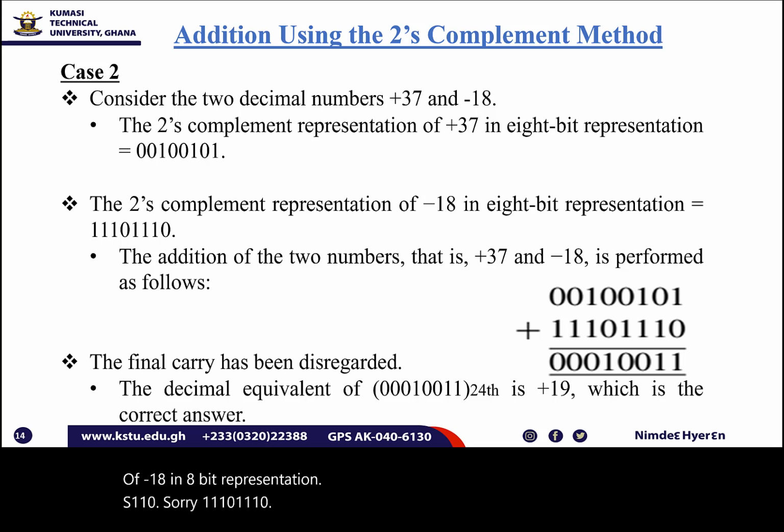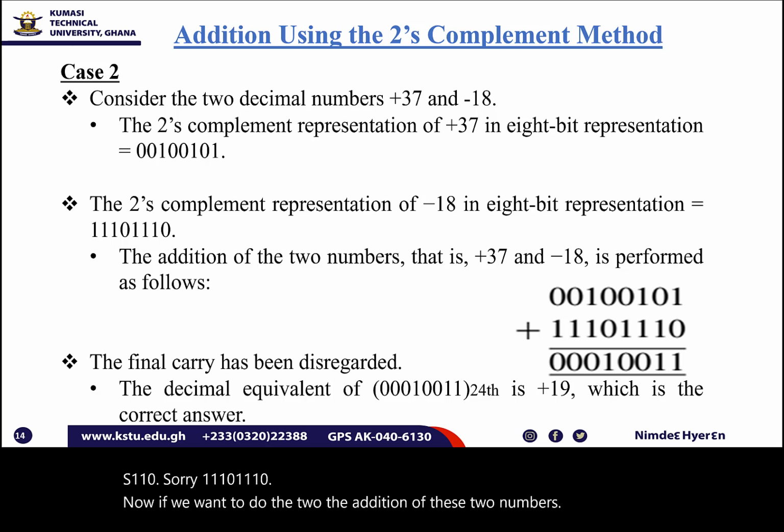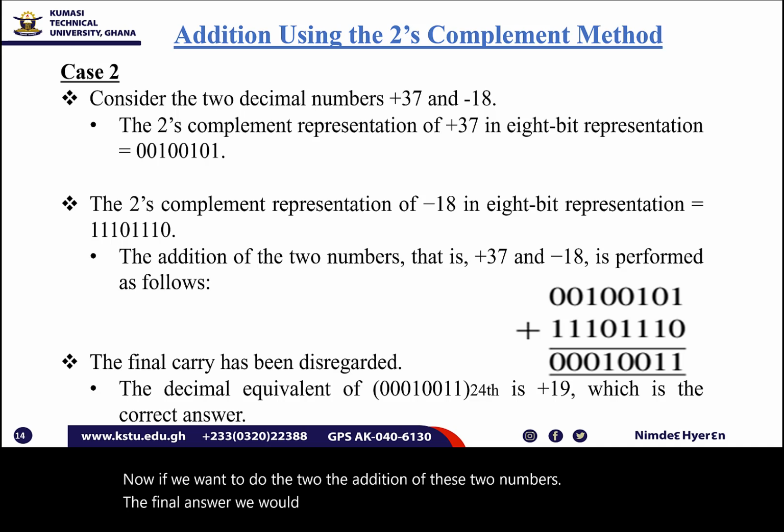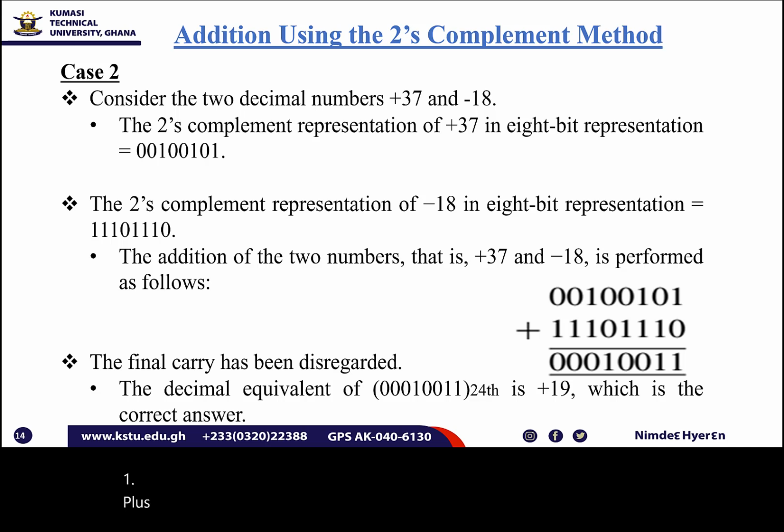Now, if we want to do the addition of these two numbers, the final answer we would get here will be: 1 plus 1 would give us, 1 plus 0 will give us 1. 0 plus 1 will give us 1. 1 plus 1 will give us 0 with a carry of 1.